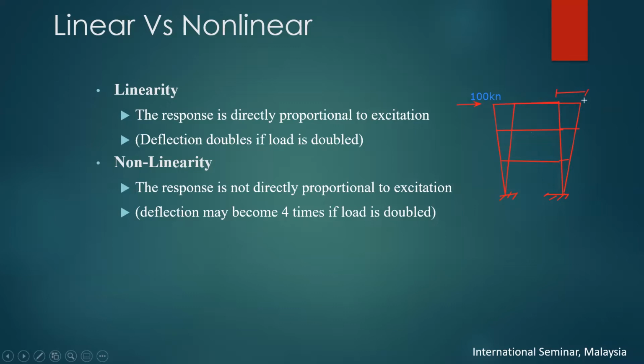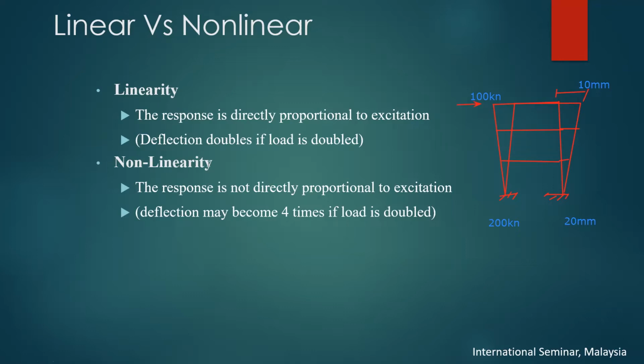The deformation will be, for example, 10 millimeter. So under 100 kilonewton, it deformed 10 millimeter. If I change this to 200 kilonewton, it will give a deformation of 20 millimeter. So this is the doubling that we are talking about, linearity.